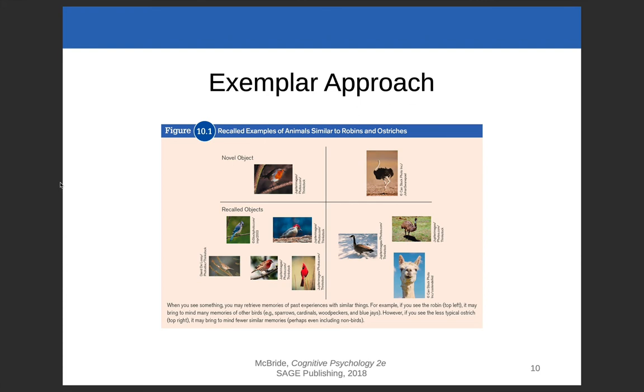It's an ostrich. Well, it does not look like a bird. From the list of recalled exemplars, it could be a goose, could be an emu, could be a llama even, but it sure as heck doesn't look like a bird, right?